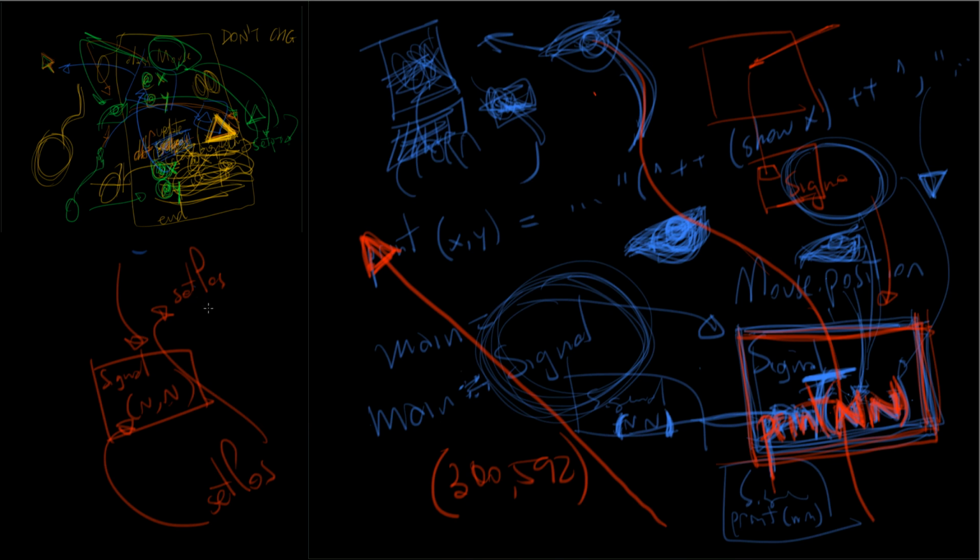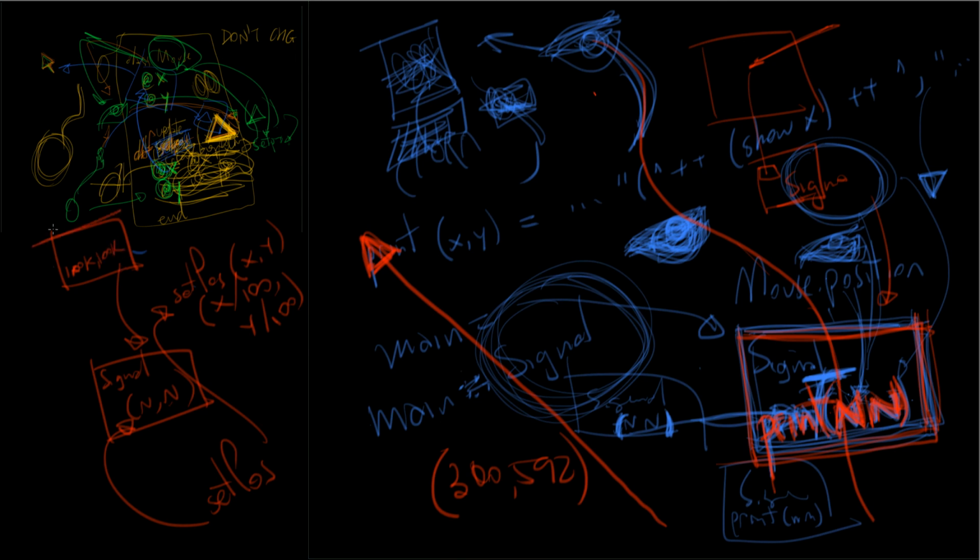Our set position receives the absolute x and y, and what it does is divide it by 100, remember? Because our tablet goes from 0 to 100,000, right?